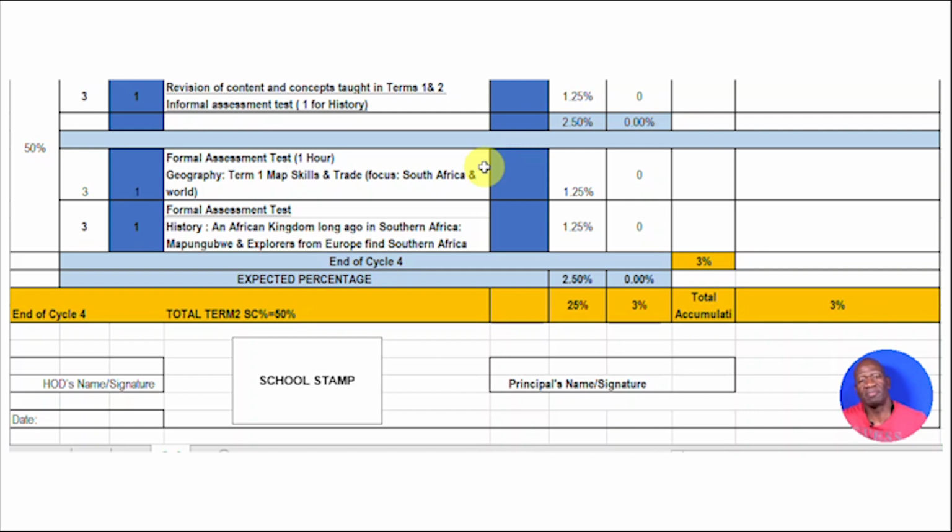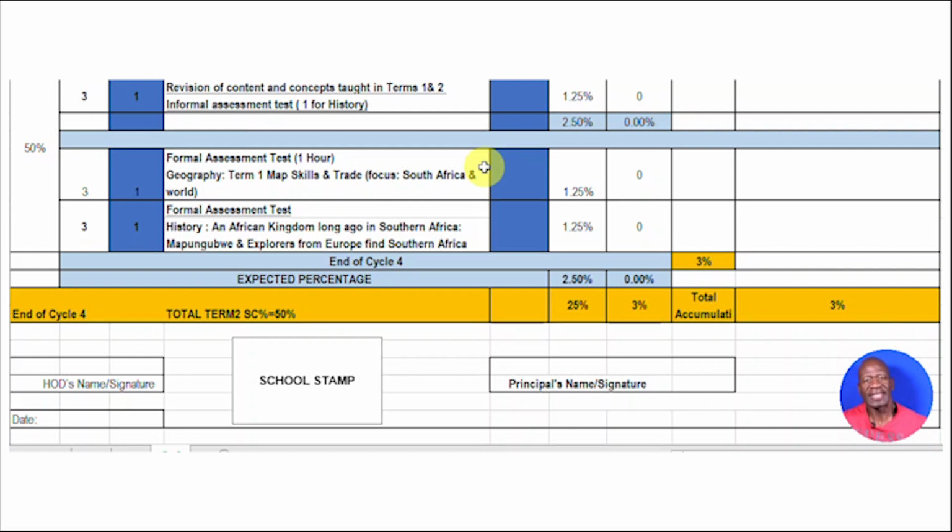Sometimes it could be due to other competing priorities in the school. Sometimes learners have to go for sporting activities or whatever that might disturb the teaching and learning in the school, that might have a serious impact on the syllabi coverage.